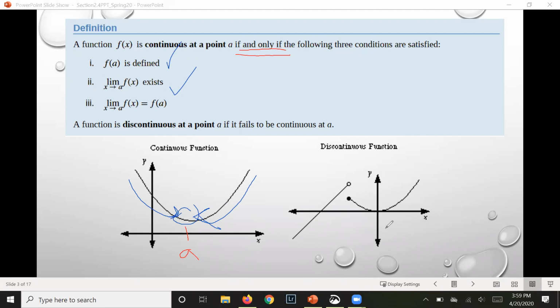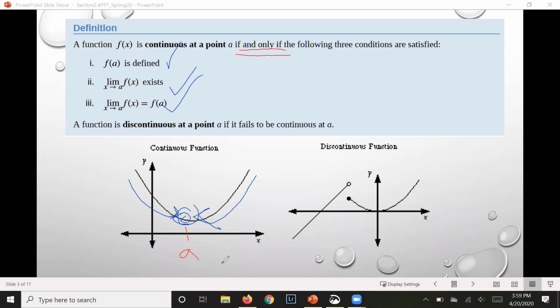It appears that it does. From each side, they seem to be converging towards this point where f of a is. So that's how we know that this is in fact continuous at this point. It also meets that last condition.